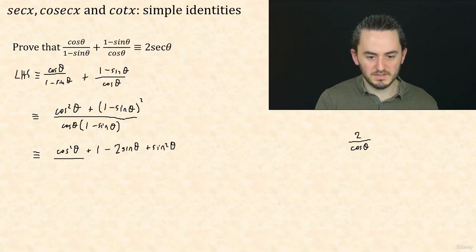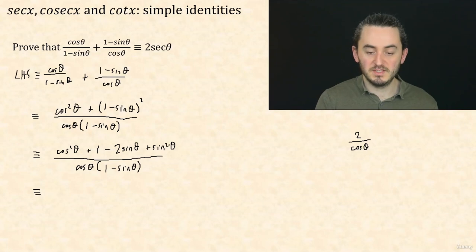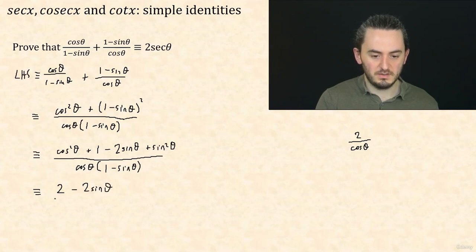And all of that is over cos theta times 1 minus sine theta. Okay, let's tidy up that numerator as much as I can. The first thing I can spot is that cos squared theta plus sine squared theta is 1, and 1 plus 1 is 2. So what I've got is 2 minus 2 sine theta over cos theta times 1 minus sine theta.